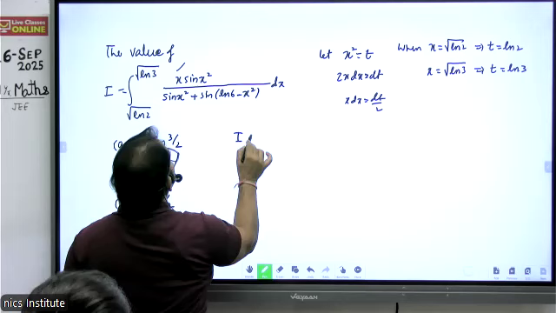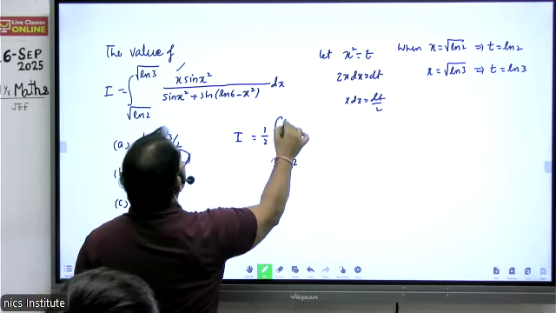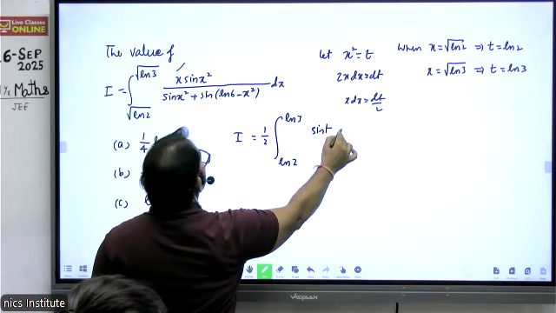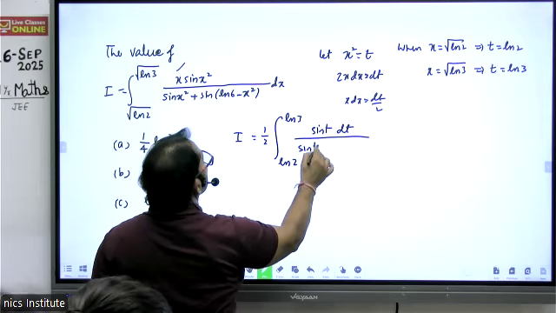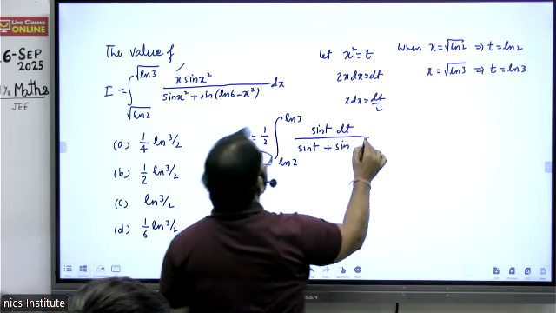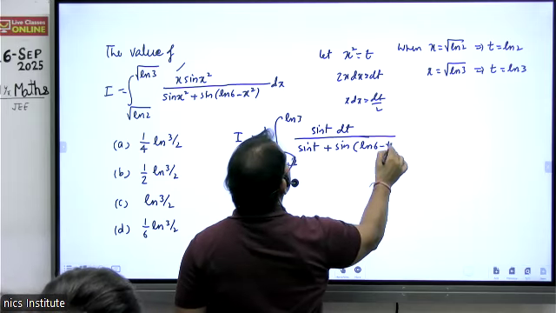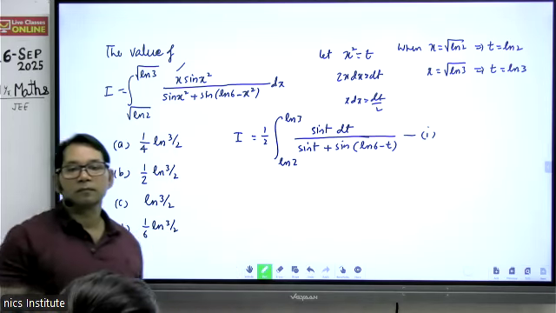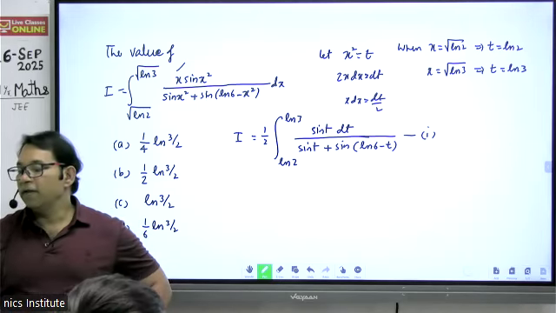So integral I is 1 by 2, and the root has gone now. Integral of sin t dt over sin t plus sin(ln6 minus t). Call it equation 1. So you have a to b value.